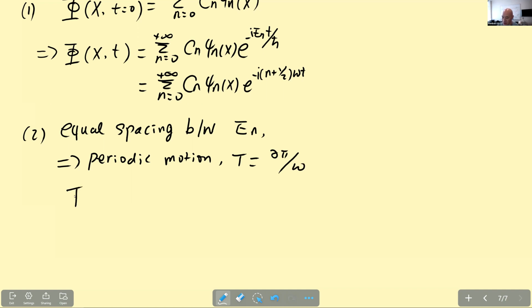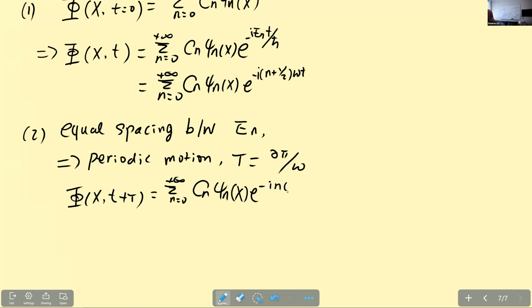This can be seen that if you have the wave function at t, and then after this time, this will become the phase with (m plus half) omega (t plus T), right?